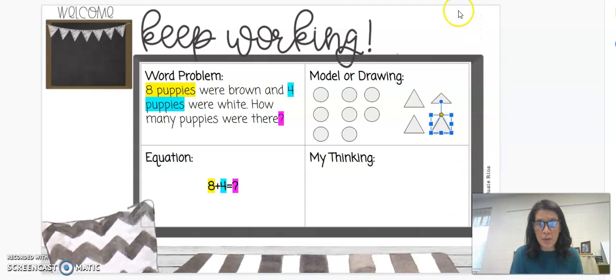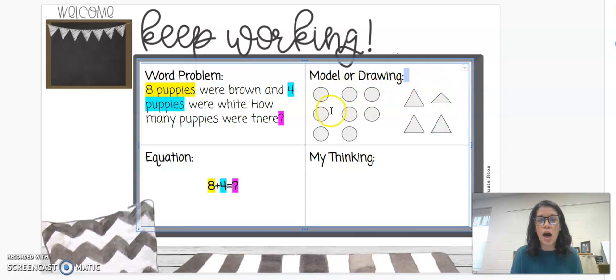Now, I know that I'm going to need to put all of these puppies together to help me find how many there were. To do that, I can count. I can also think about what I know about the numbers. I know that 8 is the largest number out of the 2, and all these circles equal 8.